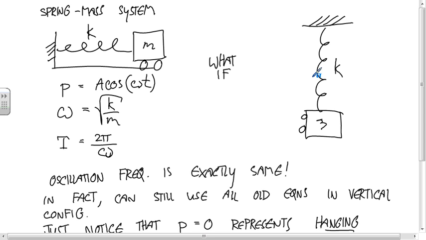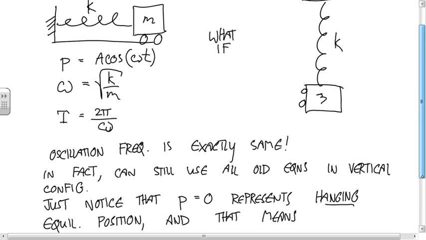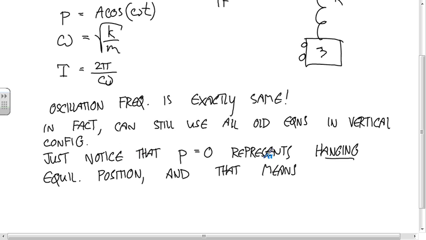Right? So y equals 0 represents the hanging equilibrium position, and that means the spring is a little bit longer, well, it could be a lot, could be a little, than in the horizontal equilibrium position.